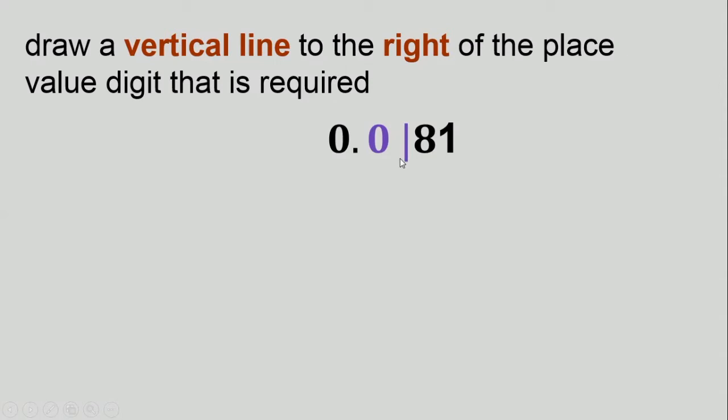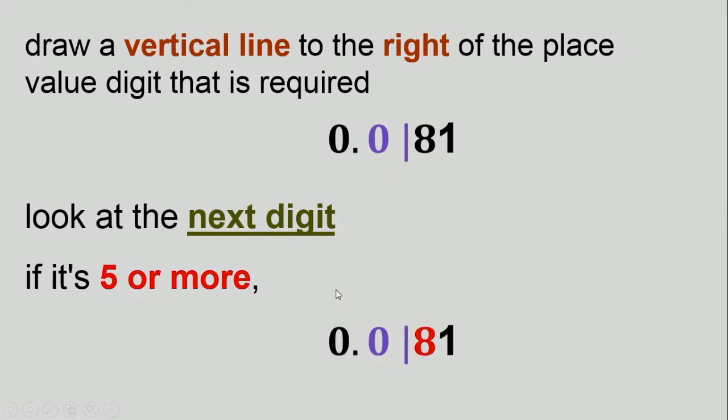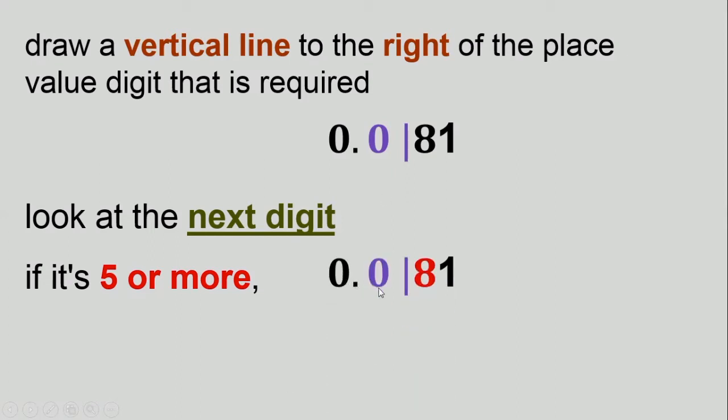Then look at the next digit, the digit beside the line. For example, again 0.0 vertical line 81. The 8 is the number that comes after the 0, next to the first decimal place.